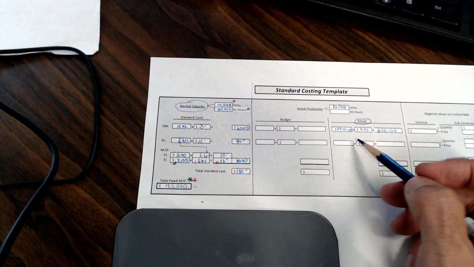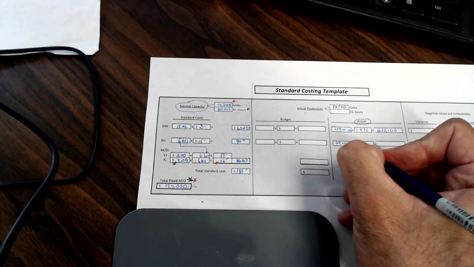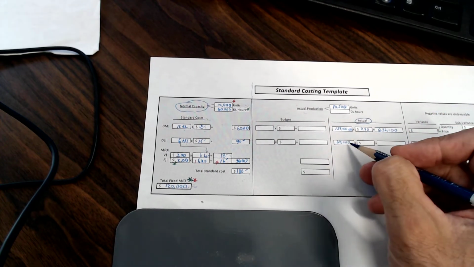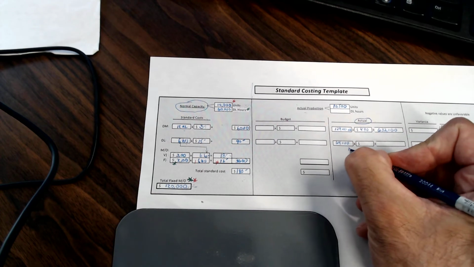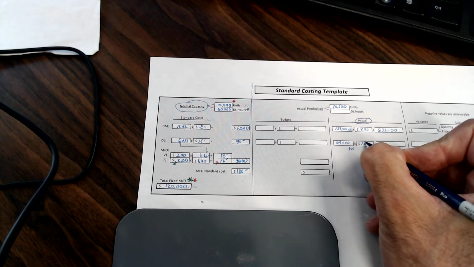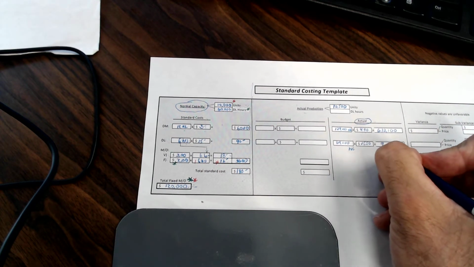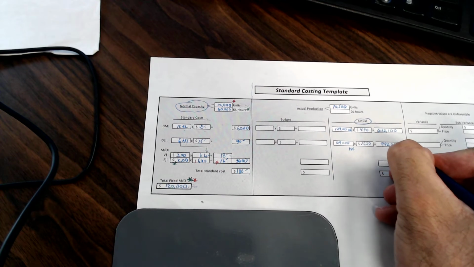Labor. I'm going to pull the labor records, and I show that we incurred 64,000 hours. We're a pretty big factory. We actually paid $15.50 per hour, so my total labor cost was $992,000.